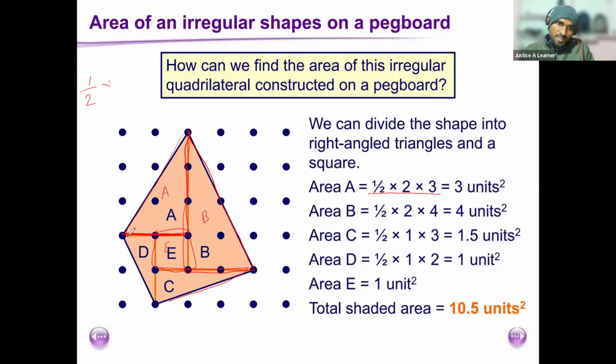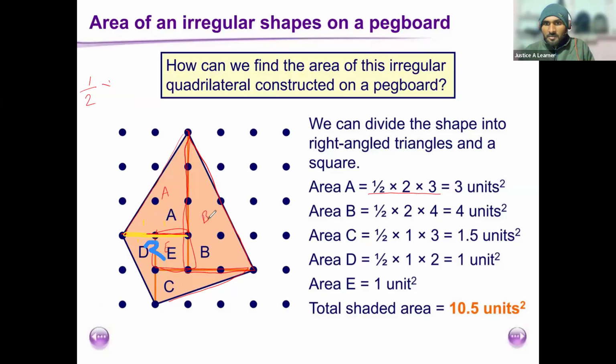Can you see it now? Yes. This is 1 unit, and this is 2. So isn't it 2? Base is 2. Can you observe it now? Yes. 1 and then 1, 2.